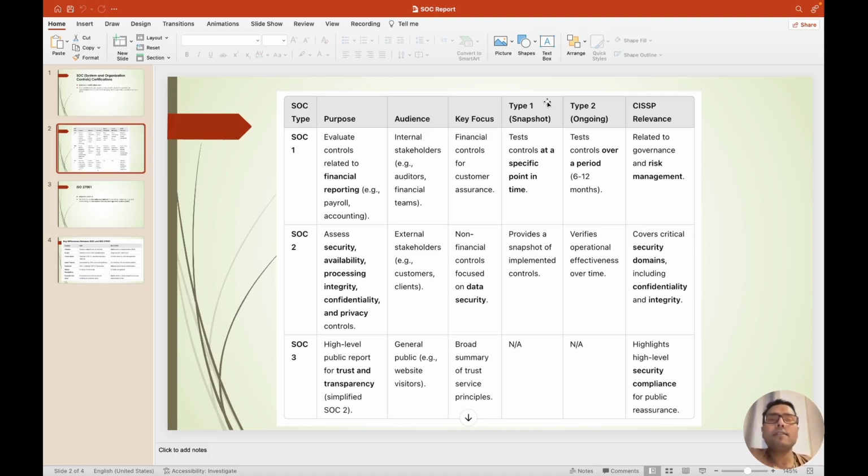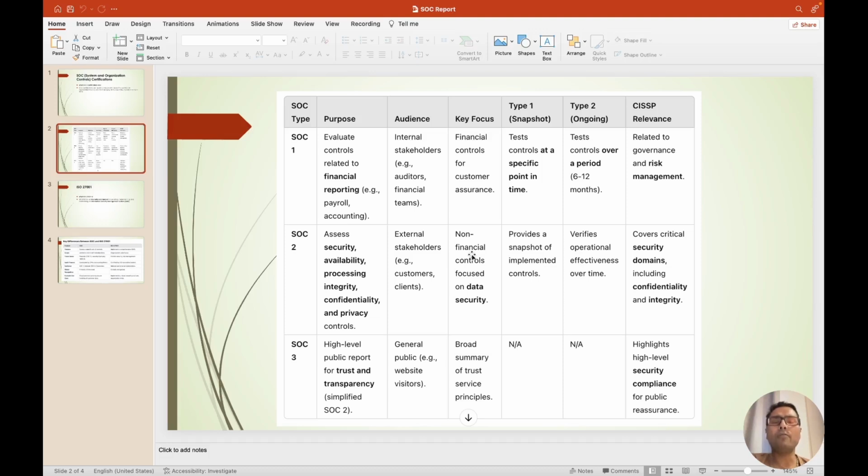So the key focus of SOC 1 is basically the financial control of a company, to provide the assurance and trust that you are controlling your financial assets and financial aspects in a way which is regulated by some regulatory authority or as per the requirement. Okay. Now SOC 2 report is non-financial.